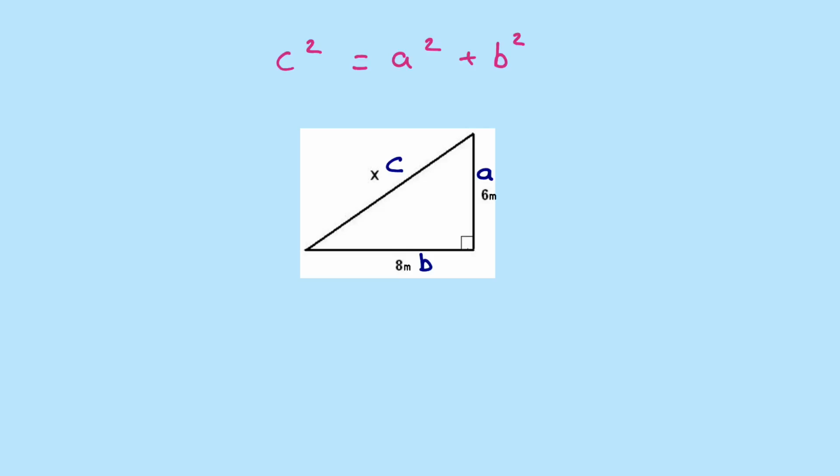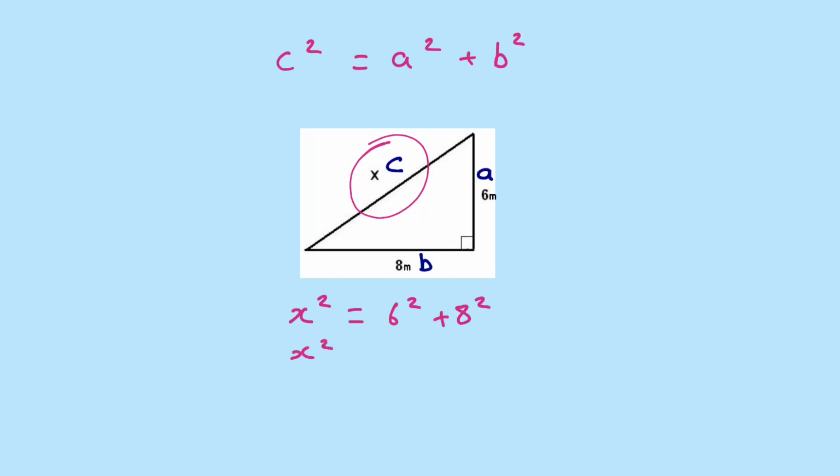And using Pythagoras' theorem formula, I'm going to substitute in my values. So remember, this is the missing side, so we're trying to find C. So C is x, so let's put down x squared, and that equals the other two sides squared added together, so that will be 6 squared plus 8 squared.